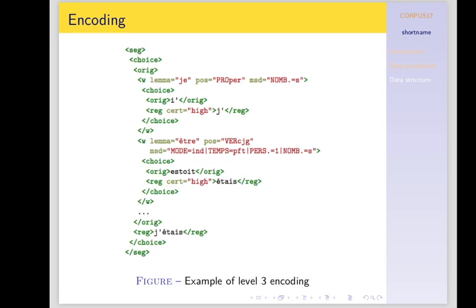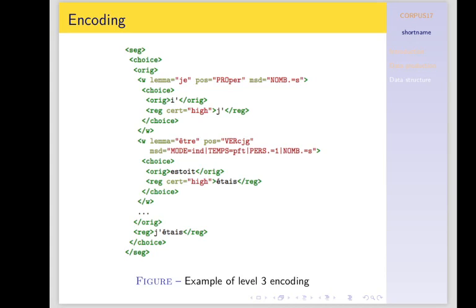If you want to have a look at the data that we are producing right now at the very, very end, at the third level, it looks like this. You can see that there is a seg, which is what we send to the normalizer, which sends back the data that has been normalized, but which we also send to the lemmatizer and the POS tagger, and then we inject all the data into TEI encoding so that for each token, we have a maximum amount of information.